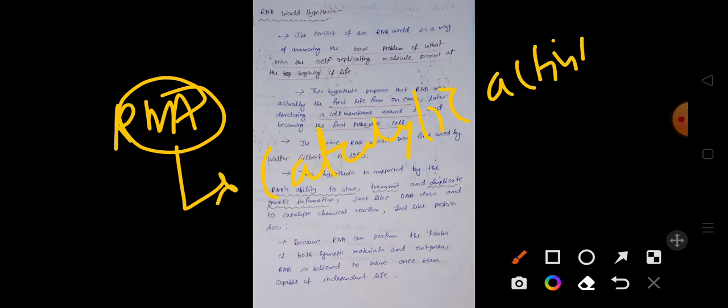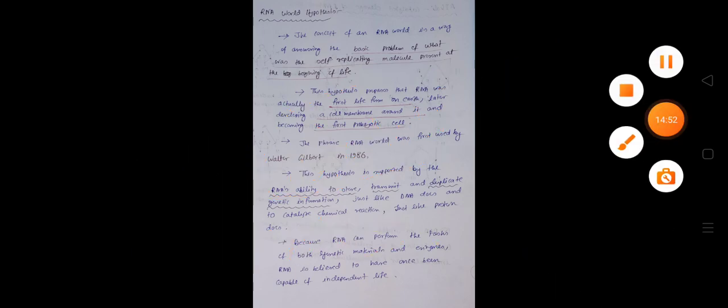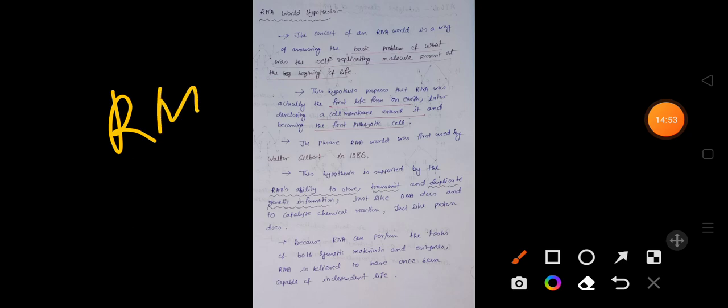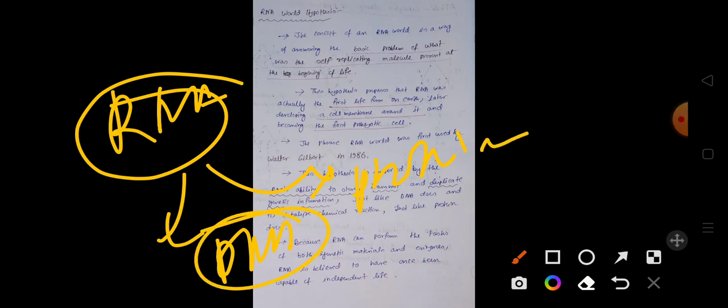That means it can also do things that a protein can do. That means RNA can function as DNA as well as protein. I mean to say that the functions of DNA and the functions of protein can both be done by the RNA molecule, right? So on the basis of that simple observation, the RNA world hypothesis was proposed.